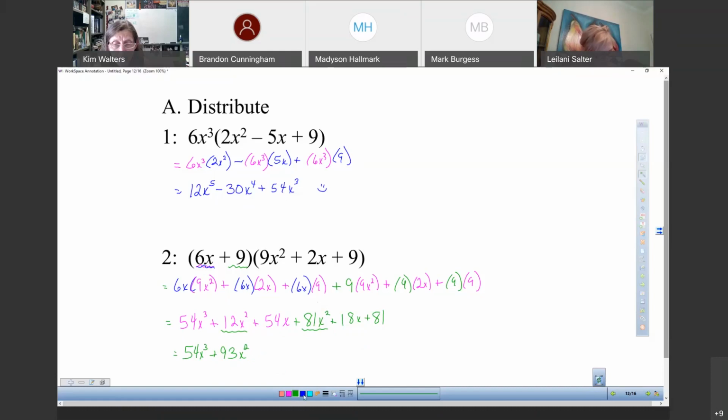And then I have a 54x plus an 18x. So I'm going to add 54 and 18, and that's going to give me 72x. And then finally, I just have this plus 81 hanging out at the end, and that is my final answer.